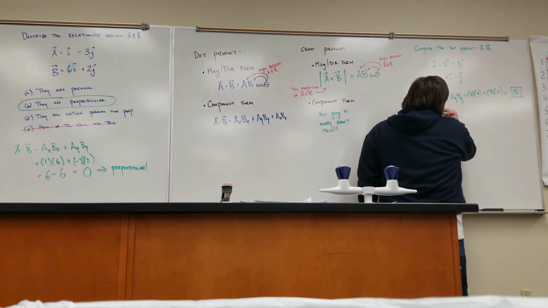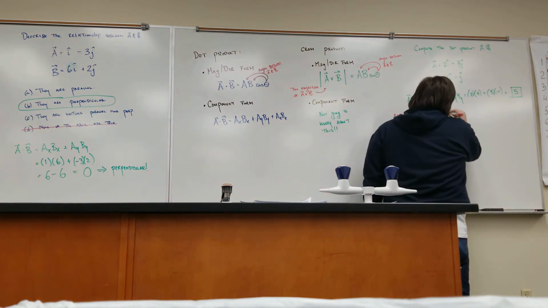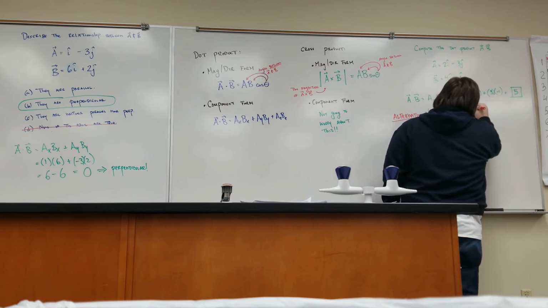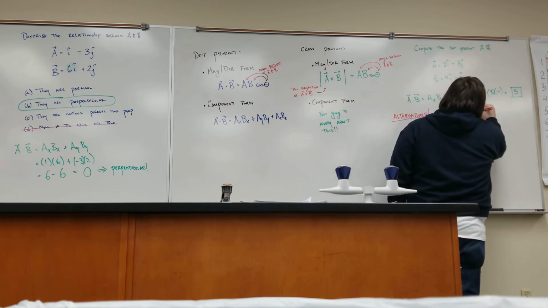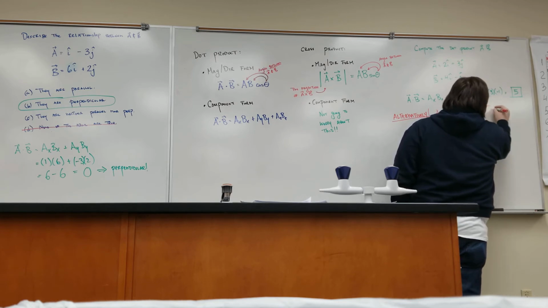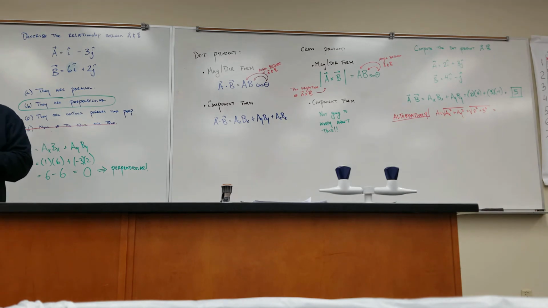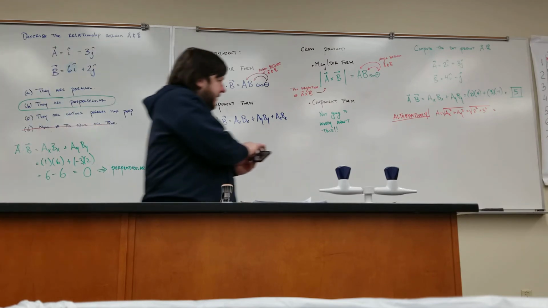So A is going to be the square root of AX squared plus AY squared, which is the square root of 2 squared plus 3 squared. So 4 plus 9, 13, square root is 3.61.